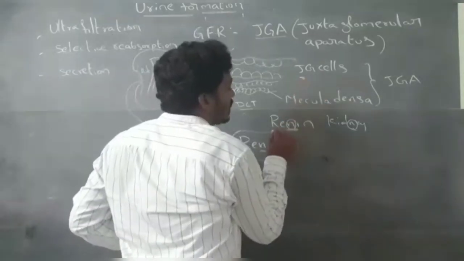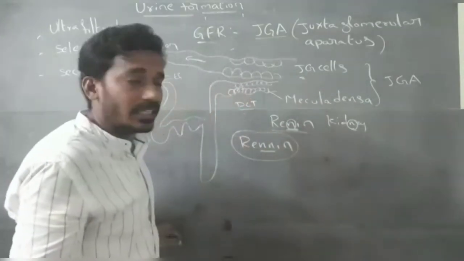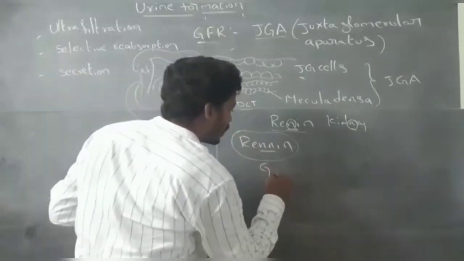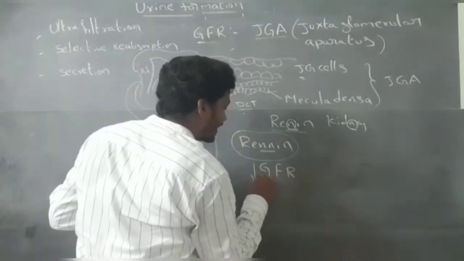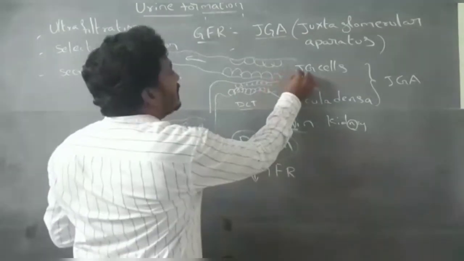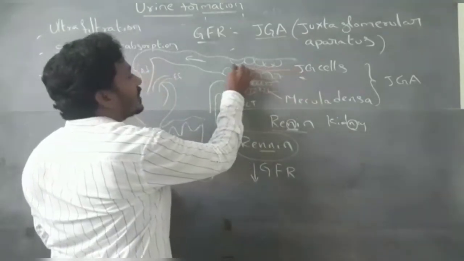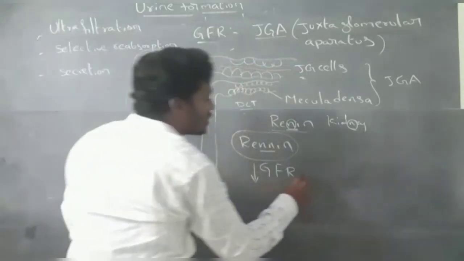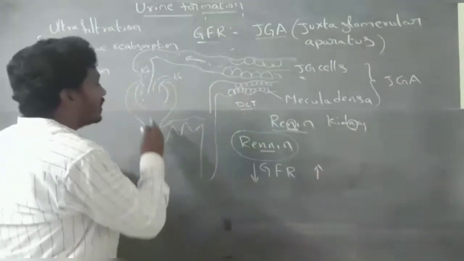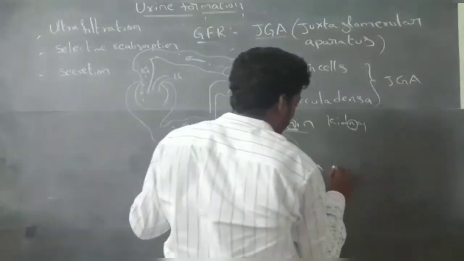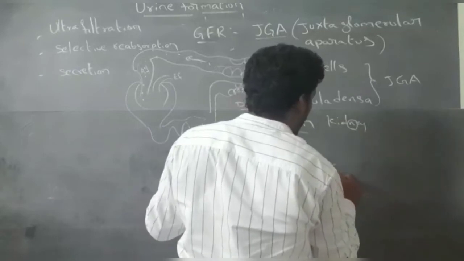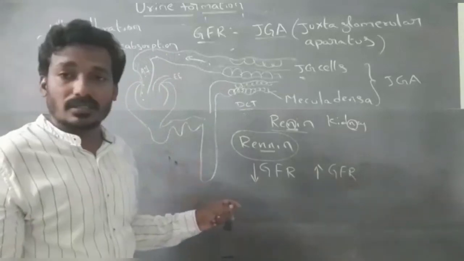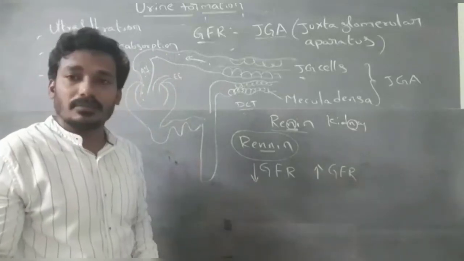JG cells release renin. When glomerular filtration rate is decreased, JG cells release renin.